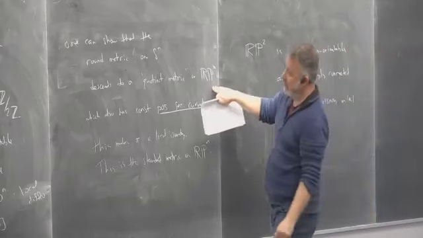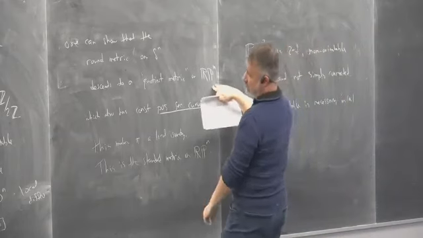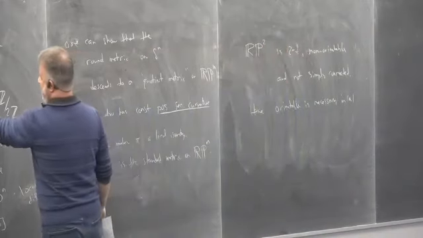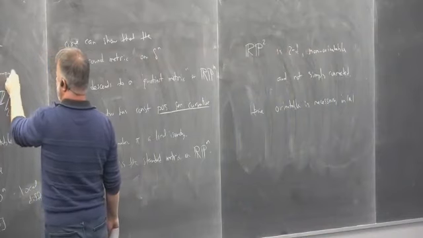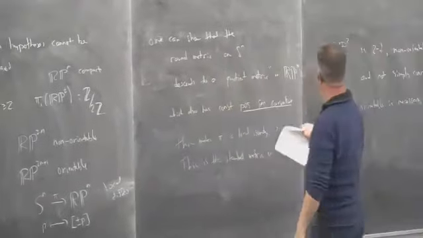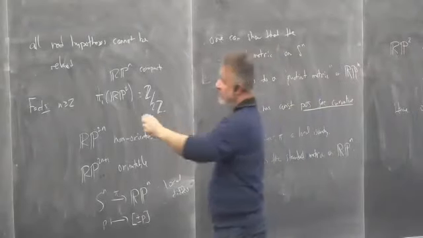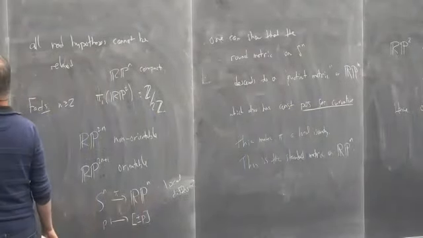Of course, this is compact. RPn is compact. It's a quotient of the sphere. So it's compact. It has a positive sectional curvature metric. So these two are satisfied.